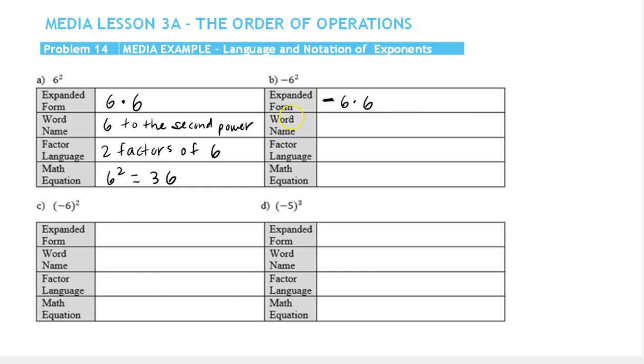So the word name would be, just like we said it, the opposite of 6 to the 2nd power. In factor language, we'd say the opposite of 2 factors of 6.